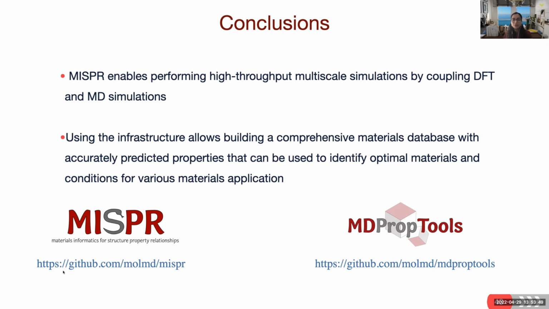And hopefully I was also able to give you some idea how the accuracy of calculations is very important and how we are using these 2 tools to develop comprehensive materials databases with properties that we are predicting, and how this also helps in coming up with some sort of design rules for electrolyte solutions.